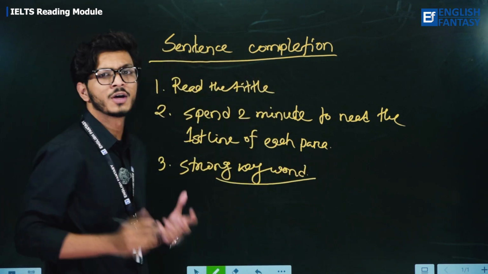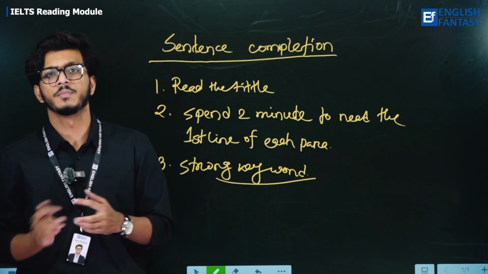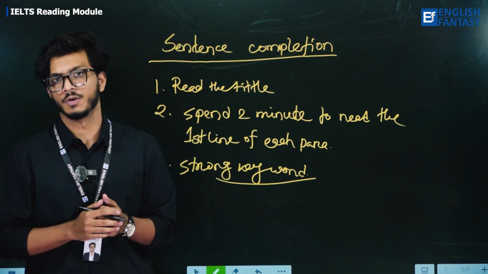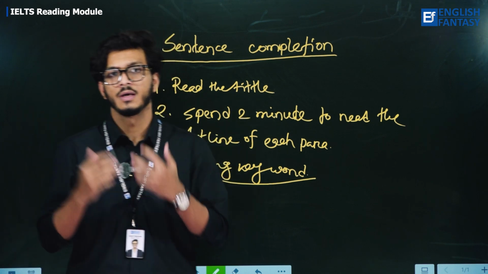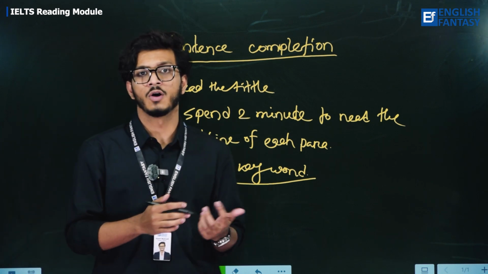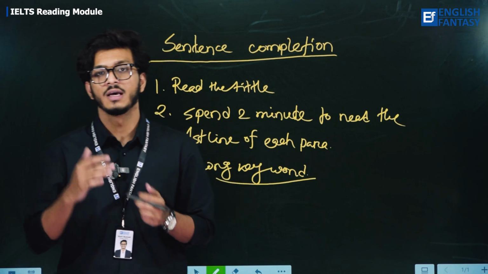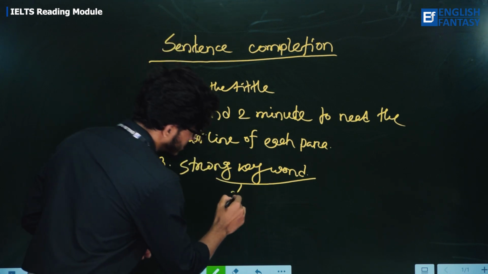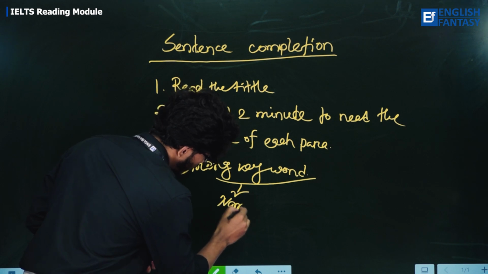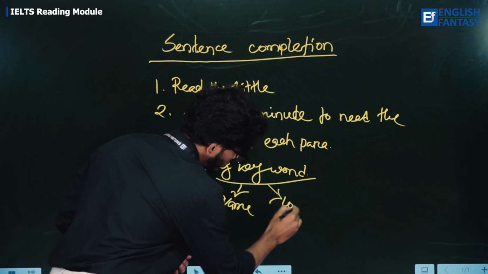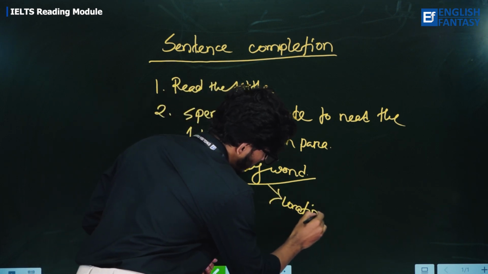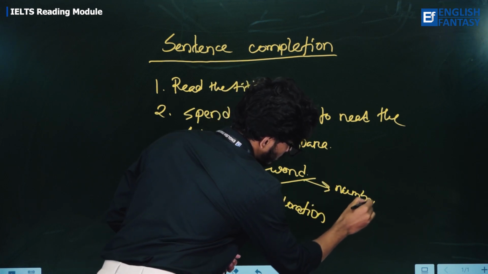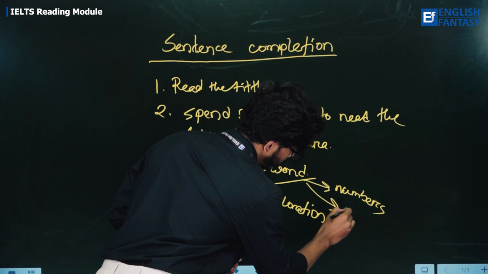So what is a strong keyword actually? A strong keyword means words you can easily find in your passages. It should be a year, numbers, or any other names that you can easily find. So a strong keyword means a name, location, number, or year.